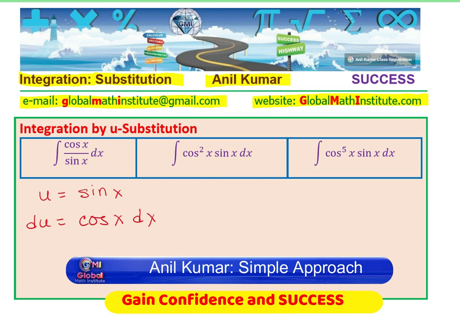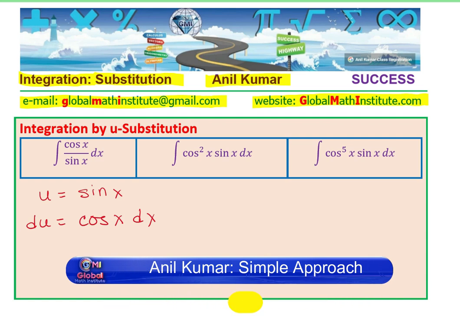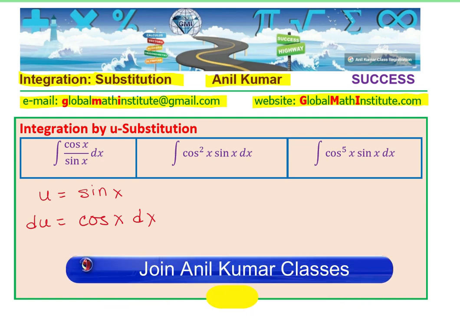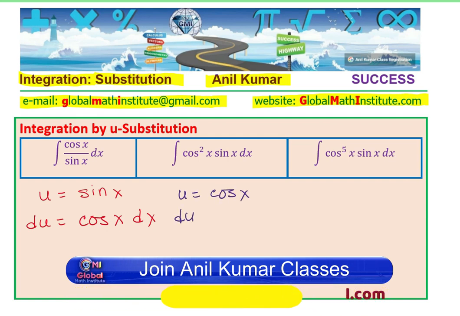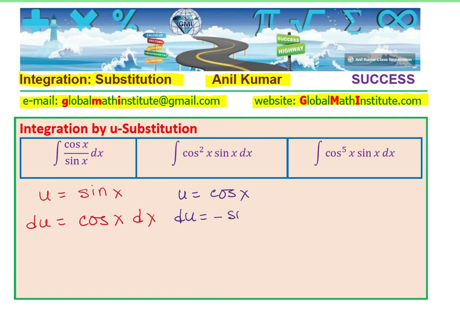For the second, the odd degree is for sine and the even for cosine. So we'll keep sin x dx aside, and in this particular case, we are going to substitute u as cos x. In that case, du will be minus sin x dx.